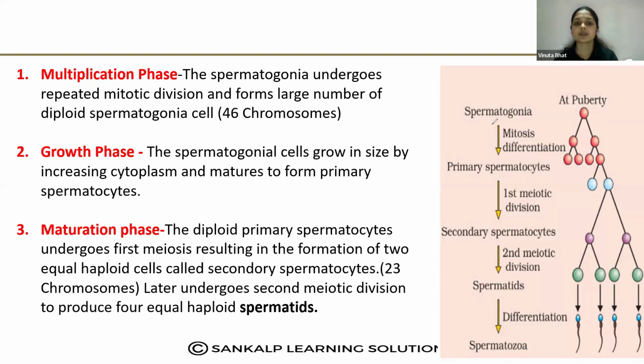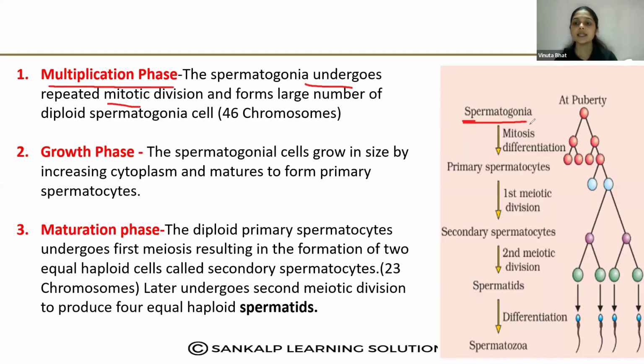At this time, the spermatogonia undergo mitotic cell division and increase their number. This phase is called the multiplication phase, where the spermatogonial cells undergo repeated mitotic division.